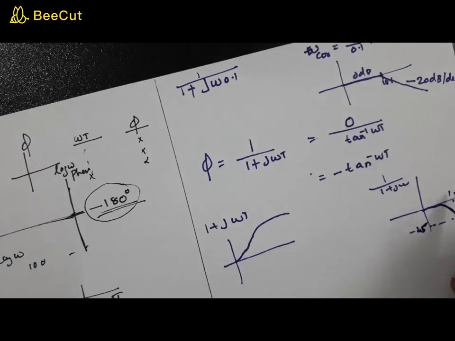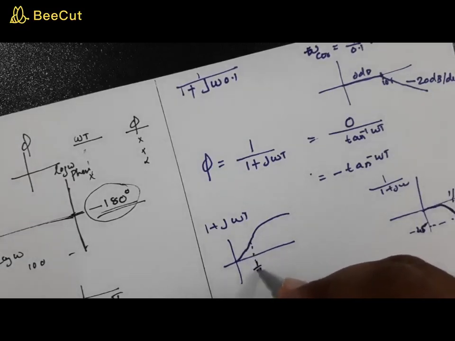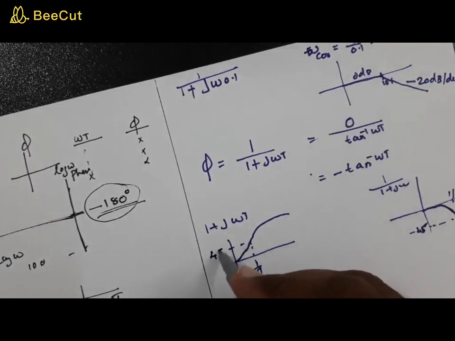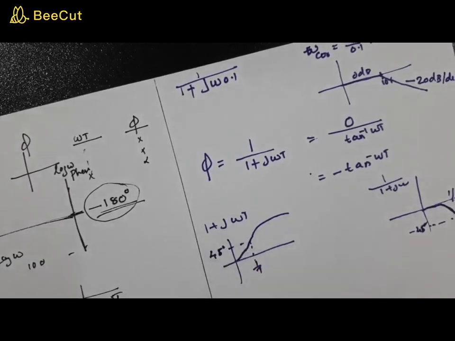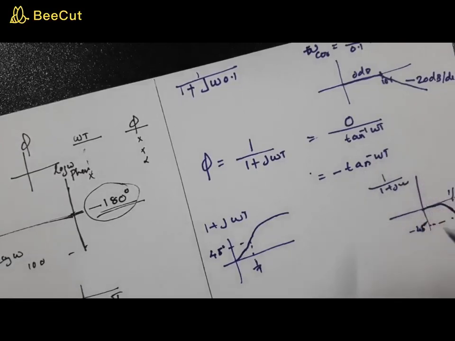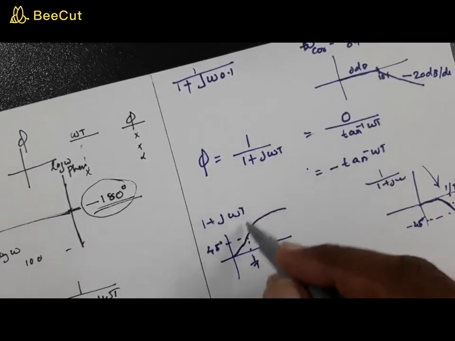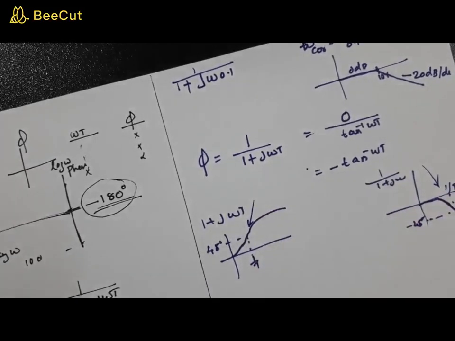This is the point at which this is my 1 by t, and at 1 by t you are going to get 45 degrees. Why 45? Because omega t becomes 1, and tan inverse 1 is either 45 or minus 45. So in this term you will be getting a phase diagram like this. In the other term which we have studied, you will be getting a phase diagram something like this.